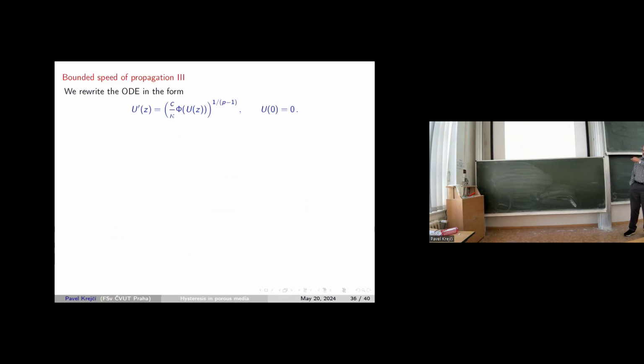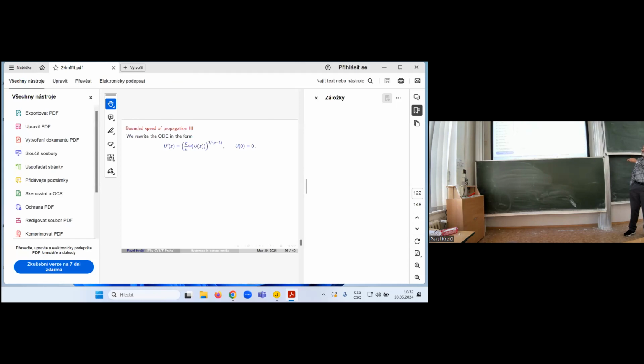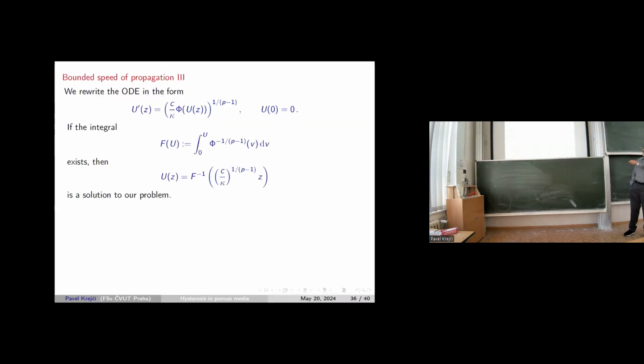And now we have to know something about the initial link. So a solution exists only if this integral exists: the integral of phi to the minus 1, p minus 1 of v dv, if this is an integrable function.